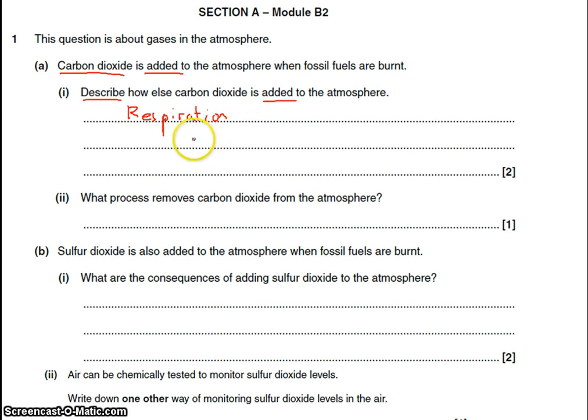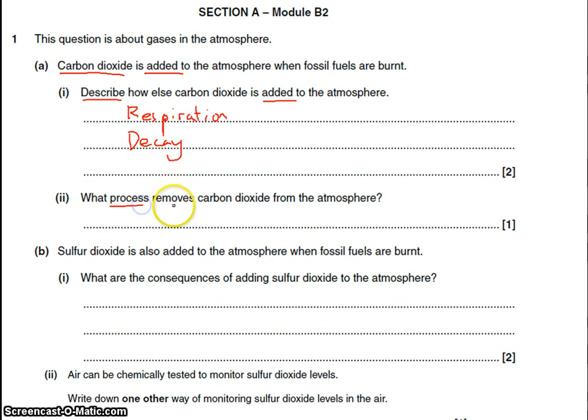You can also have got a mark if you'd have put decomposition or decomposing or decay, which can also add carbon dioxide to the atmosphere from microbes or bacteria, fungi, plants or animals. They've also given you a mark if you'd have put animals breathing in or breathing out carbon dioxide, but that answer is not as good as identifying that it's respiration that causes this carbon dioxide to be produced.